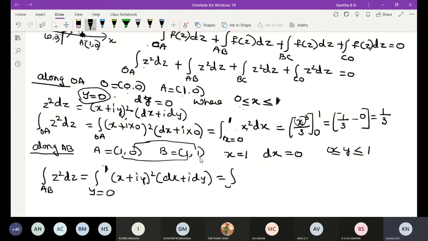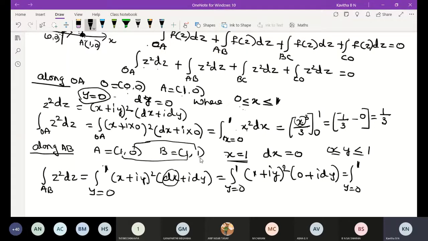Means integral of y from 0 to 1: x value is 1, and iy as it is, whole square; dx value is 0, so 0 plus i into dy.